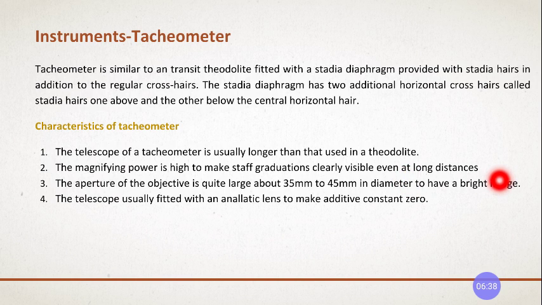The aperture of the objective is quite large, about 35 mm to 45 mm in diameter, meaning the diameter of the telescope is larger to give a brighter image. And one more difference is that the telescope is usually fitted with an anallactic lens to make the additive constant zero. What is this anallactic lens and what is this additive constant? We'll see in further classes.